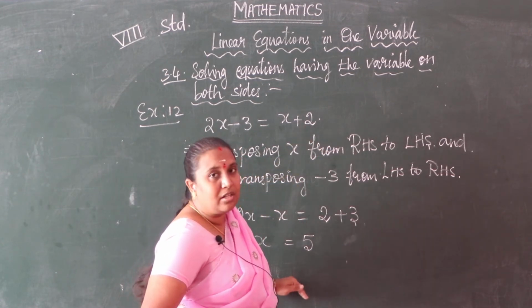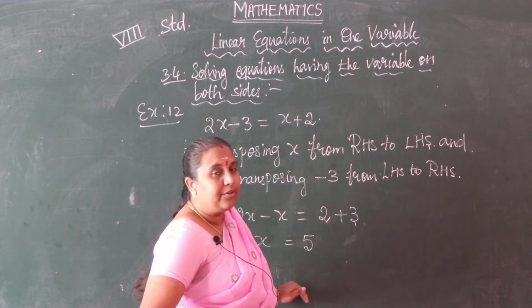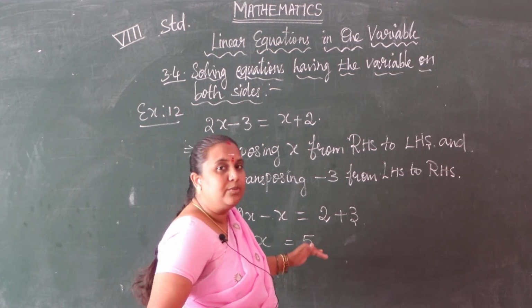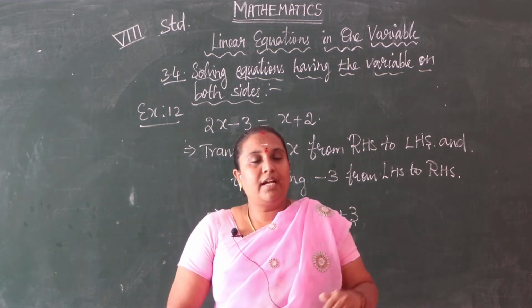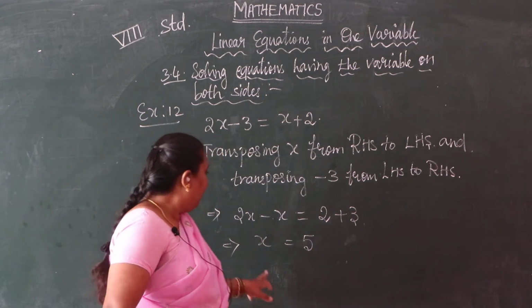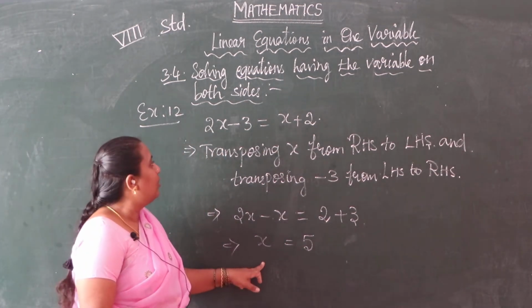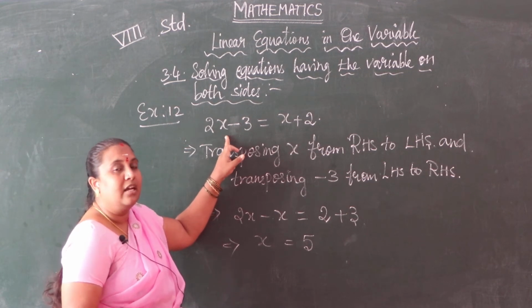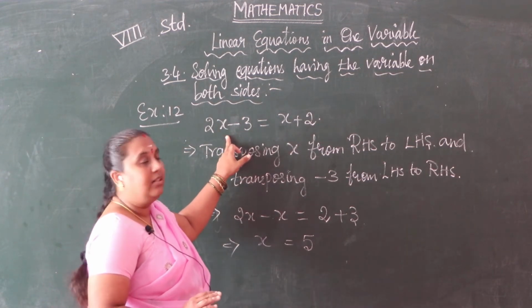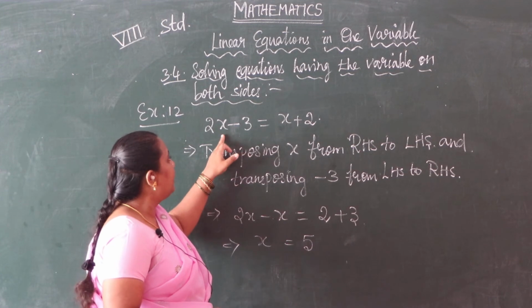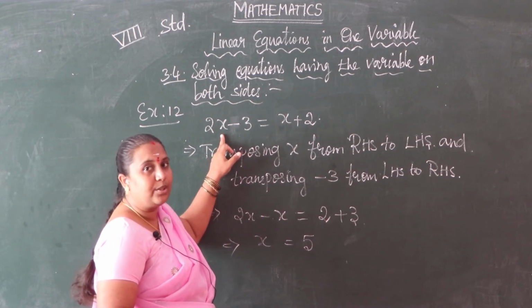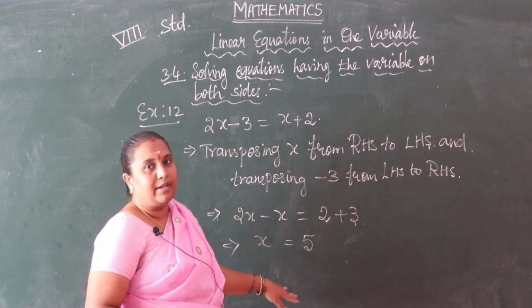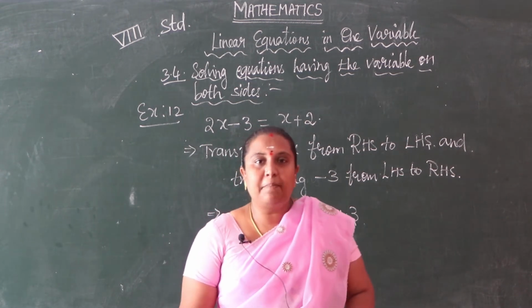Whichever method we apply, we get the answer x equals 5. Okay children, so the solution of this equation, with variable on both sides, is x equals 5. Let us see one more example.